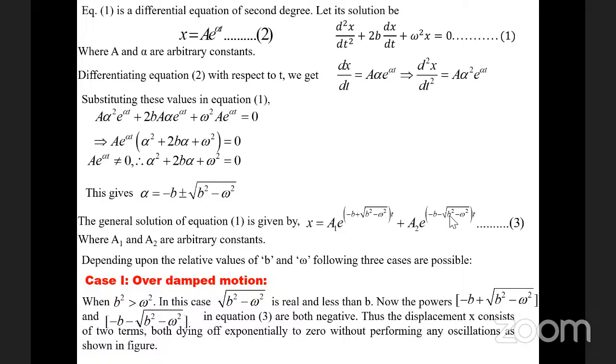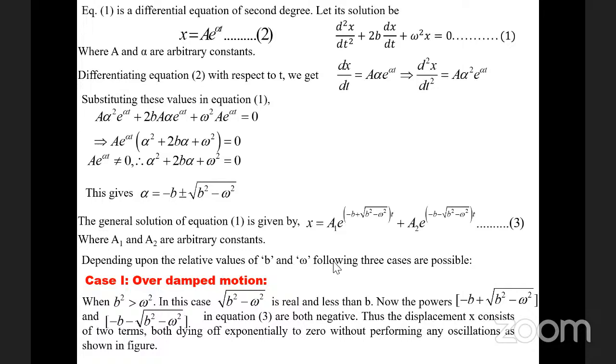Thus the displacement x consists of two terms, both dying off. Dying off means the oscillations completely go to 0 exponentially, without performing any oscillations.